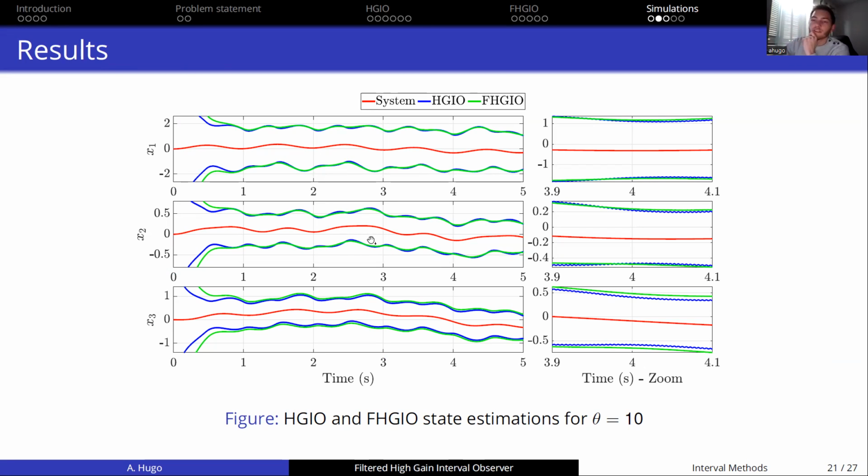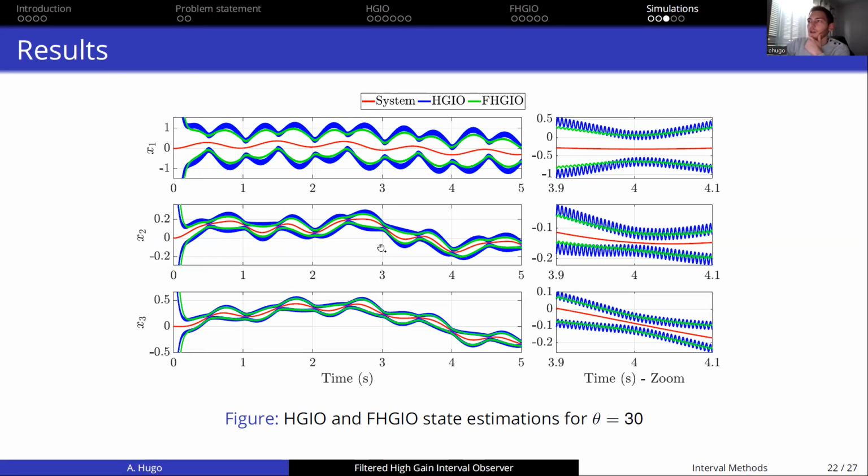And now if we increase this eigenparameter theta and go to 30, we can see that we decrease the interval width for the state estimation. We also increase the impact of the measurement noise in the non-filtered version.